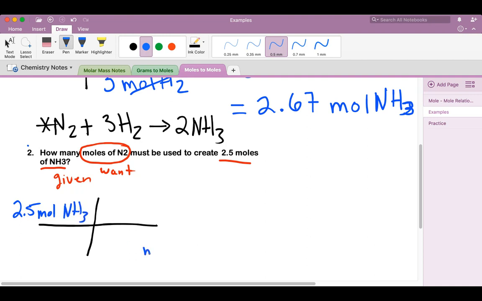As soon as I write moles on top, write the same unit at the bottom, moles of NH3. And I want moles of N2. So for this one, we have 2 moles of NH3 with 1 mole of N2.